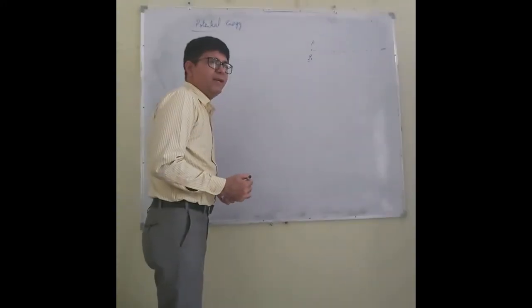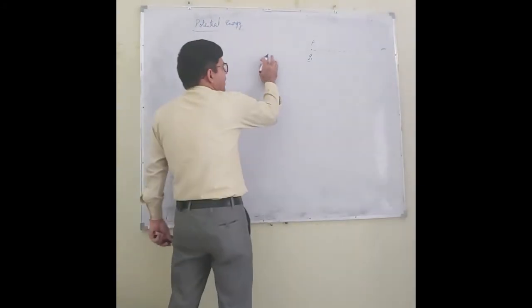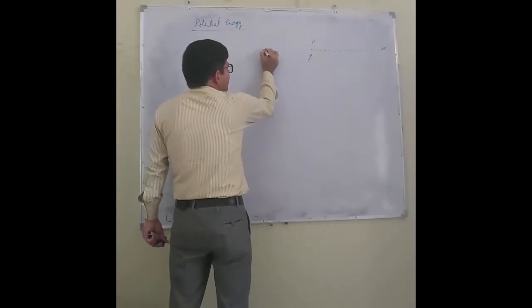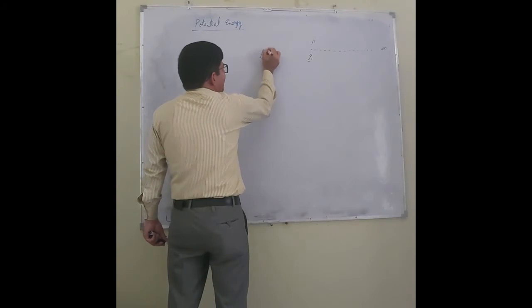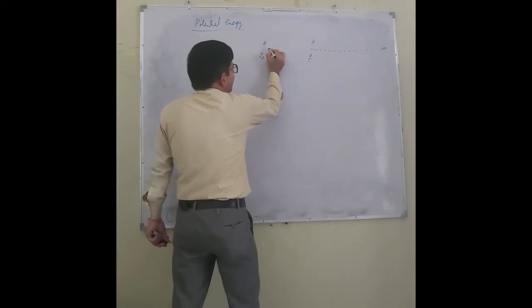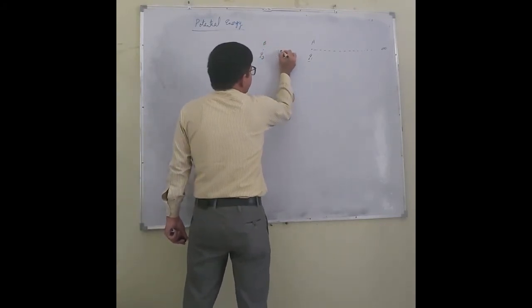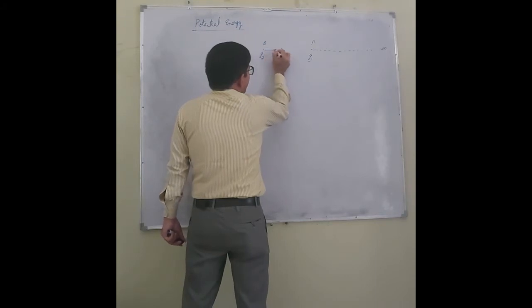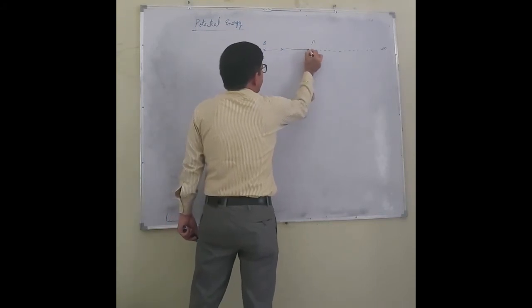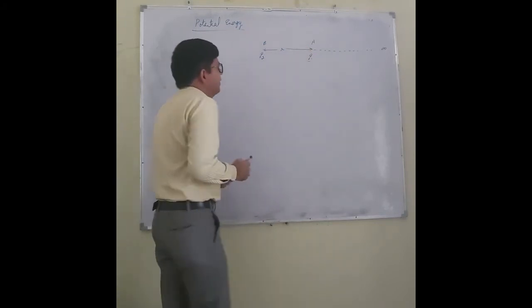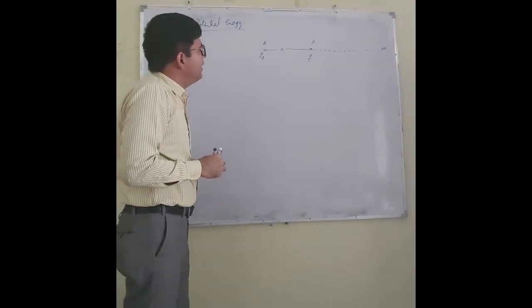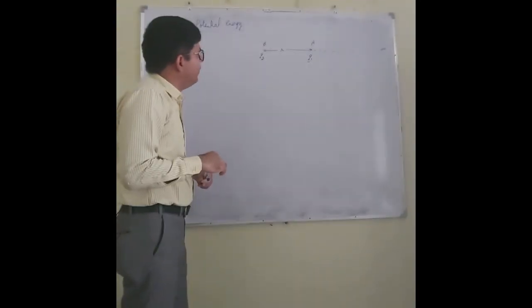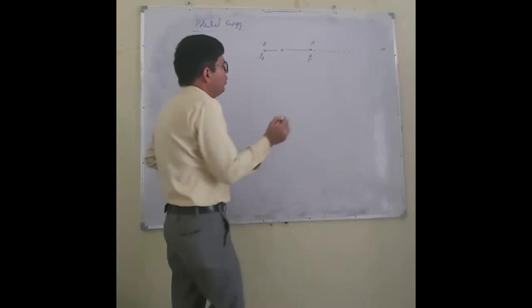Where is the electric field? So let me draw a charge Q2 at point B, which is at a distance r from A. Right? Can you tell me what will be the direction of electric field due to this charge Q2?